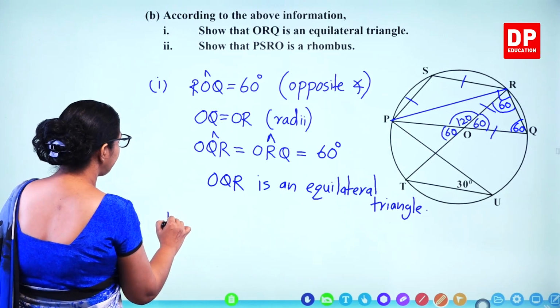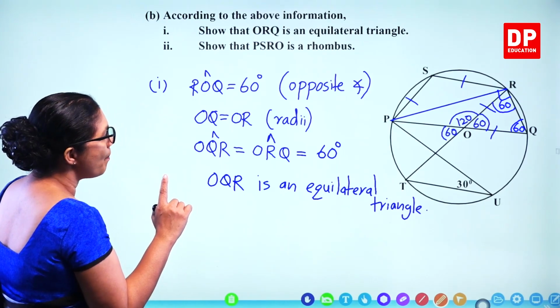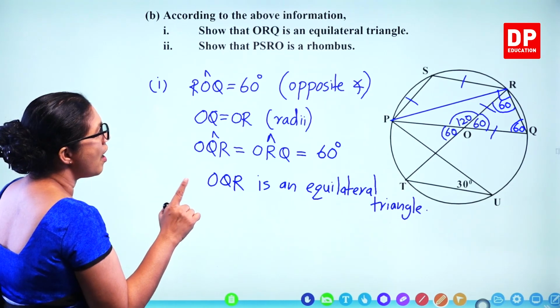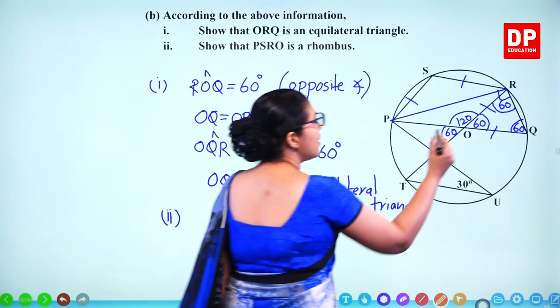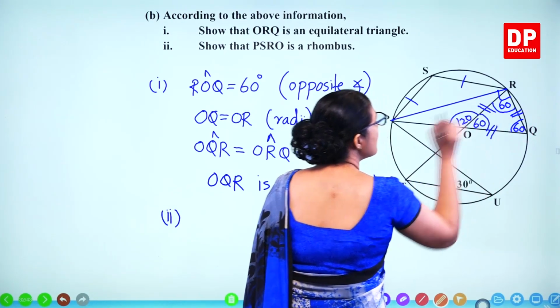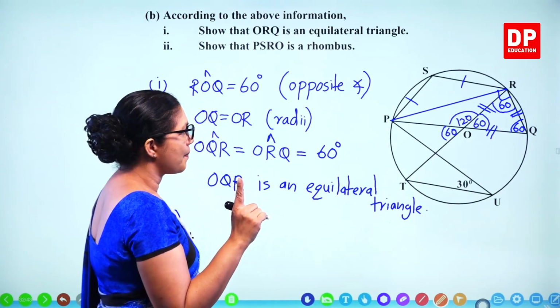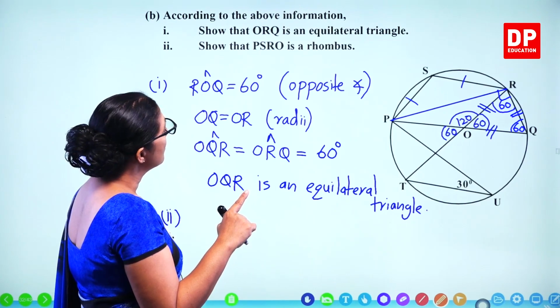Part 2. Show that PSRO is a rhombus. Here this length we can't mark like this. We'll mark with a different line. Now what can we say? This is a rhombus.